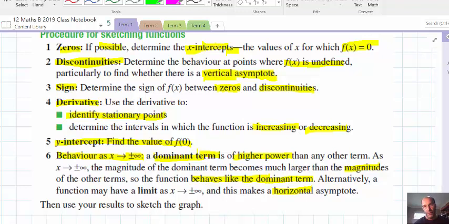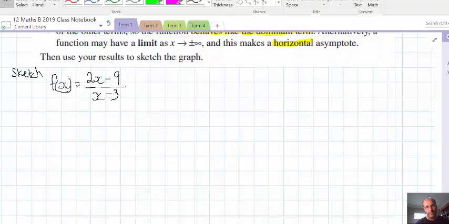There's also that sort of behavior when we have vertical asymptotes. As we approach the value of that vertical asymptote, which will be an x equals function, you'll notice that the curve may start to approach positive or negative infinity. If you're not quite sure what we mean by these things, we're going to illustrate some of them with an example with rational functions now.